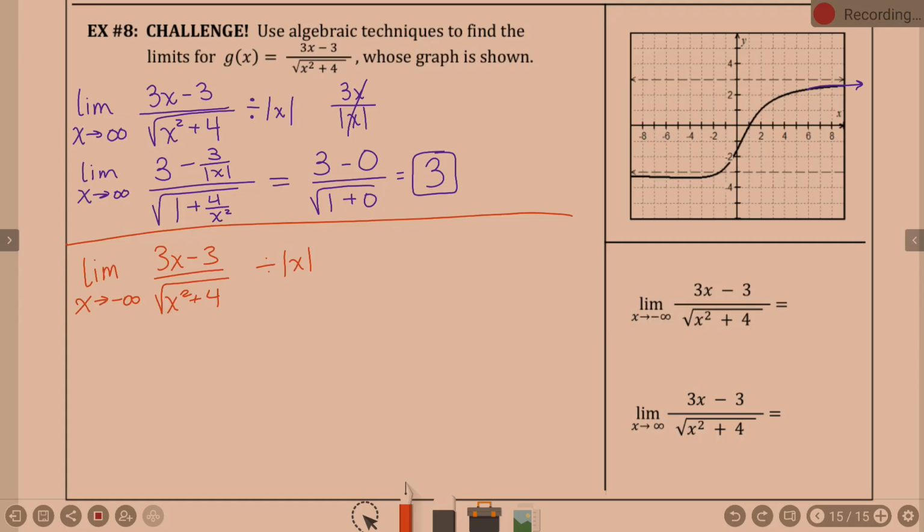When we do 3x divided by the absolute value of x, but in this scenario, we're approaching from negative infinity. So as we approach from negative infinity, what's this going to equal? Up here it equaled 3, yes? Negative 3. It's going to equal negative 3 because that x value could be negative. It will be negative. Thank you very much, sir.